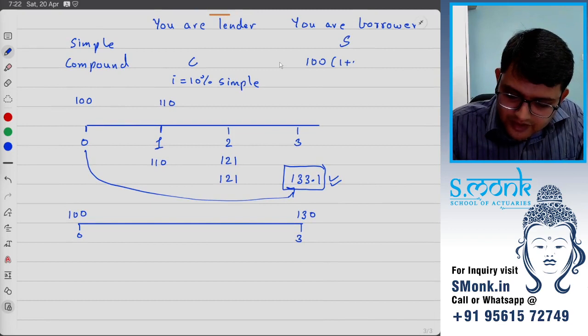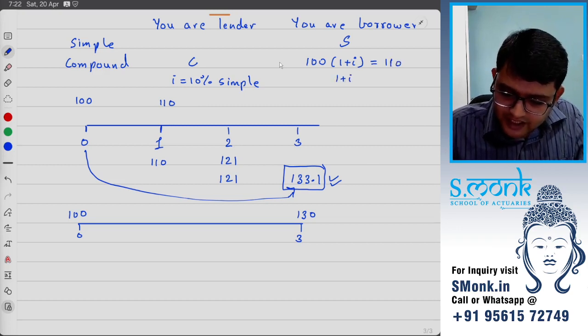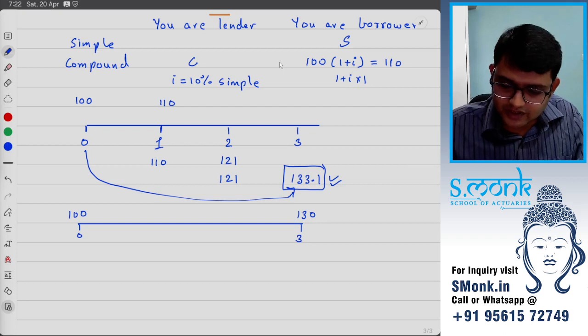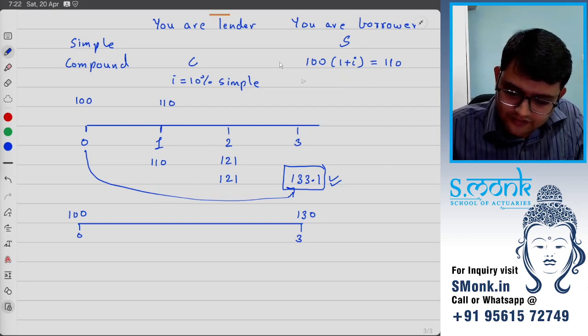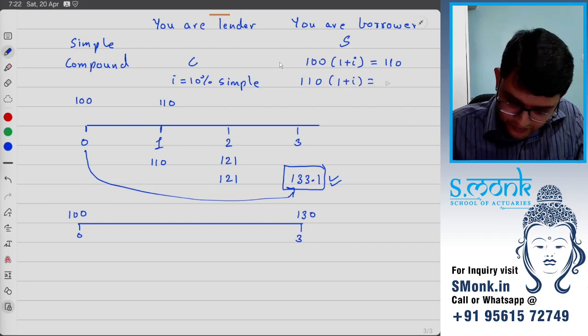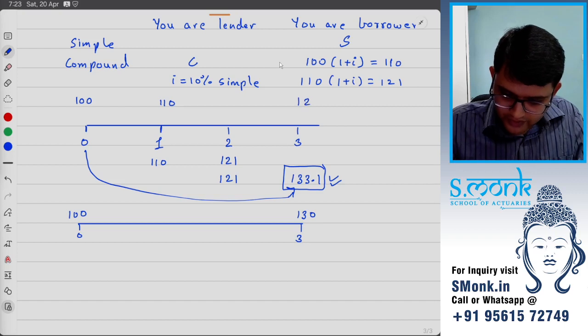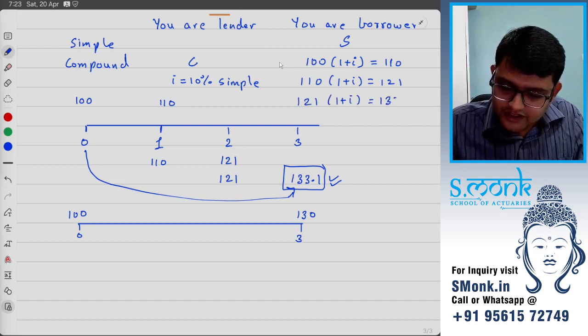If I multiply by 1 plus i for 1 year, it will give me 110. Then similarly, if I take this 110 and multiply by 1 plus i for another year, I am getting 121, and 121 times 1 plus i is giving me 133.1.